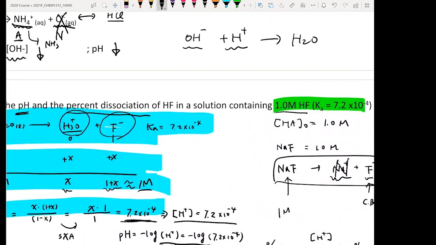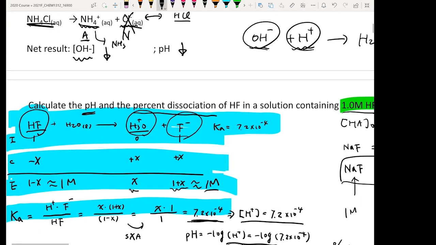If you throw a strong acid and strong base into water, you produce H plus and OH minus. These two species will, no doubt, give you water. This is different from the weak acid and weak base.